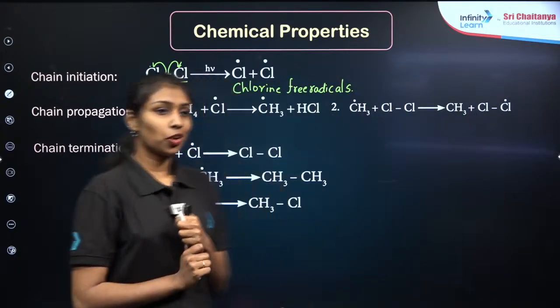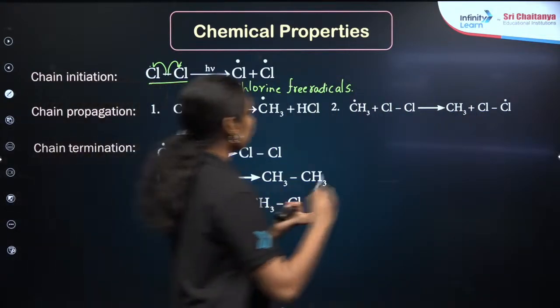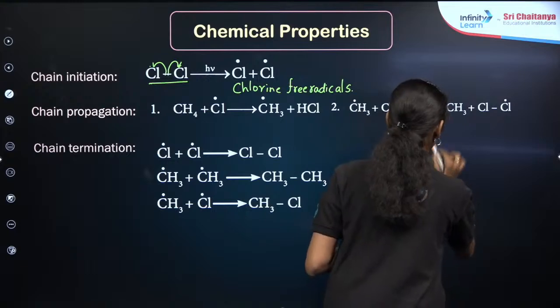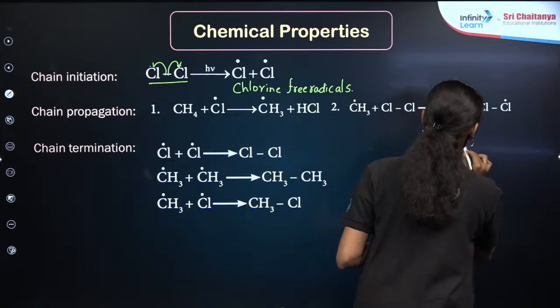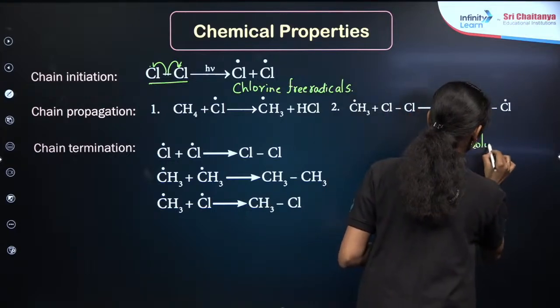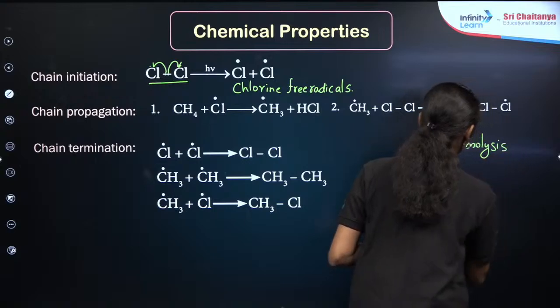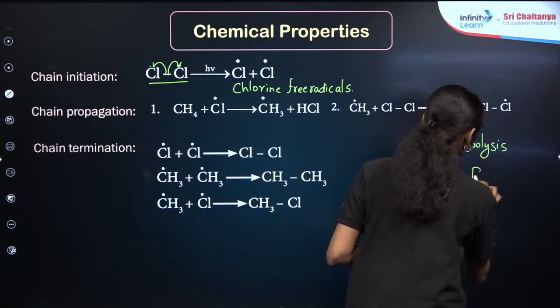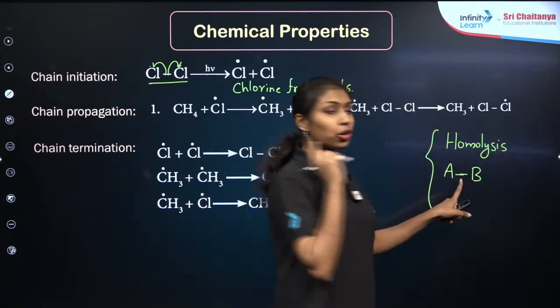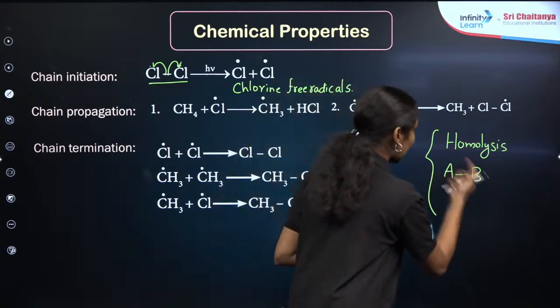I think it is about the homolytic cleavage. So, for example, if I am taking, okay, I will write here. This is my compound having a single bond between A and B, right?